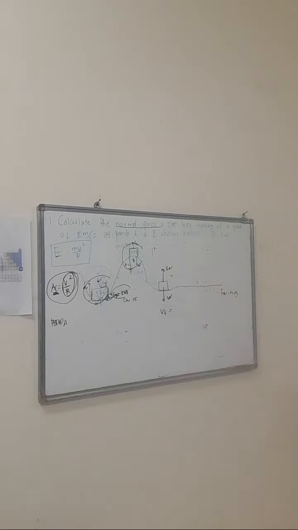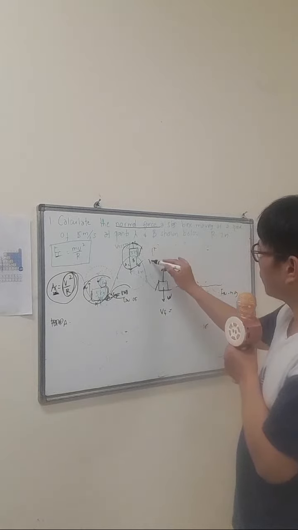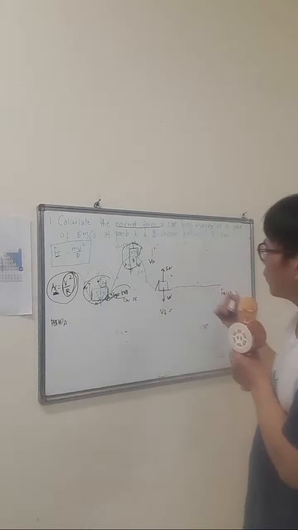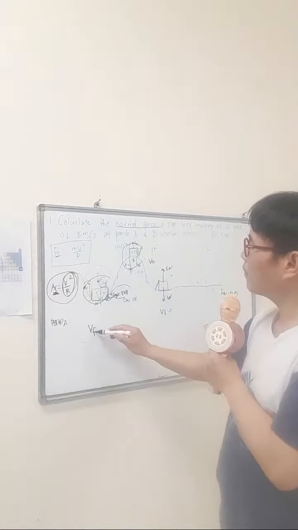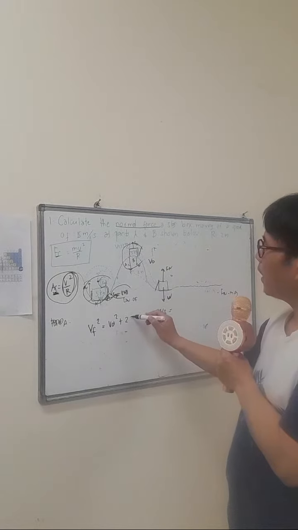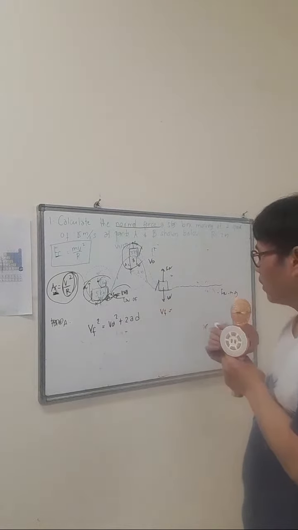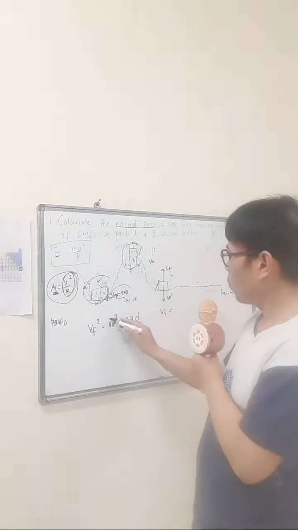But how about your initial velocity from here to here? What is your velocity? How can you compute for that? You will use the formula Vf squared equals Vo squared plus 2as, and use that to solve for your Vo.